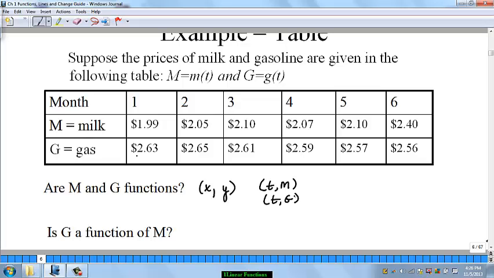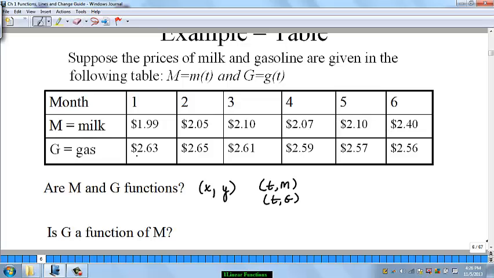So let's look at the M's. I have 1 here, 2, 205, 3, 210, 4, 207, and then 5, 210. So people look at this and say, wait a minute, look what I have. I have a 210 here. However, because your x's are different, you can have the same y as long as your x's are different. So that's okay. So all right, cool, that works.